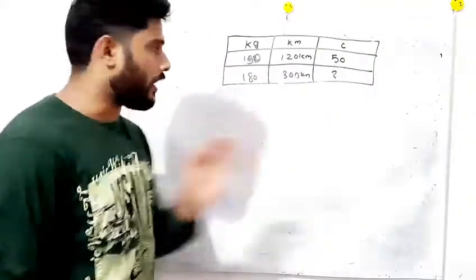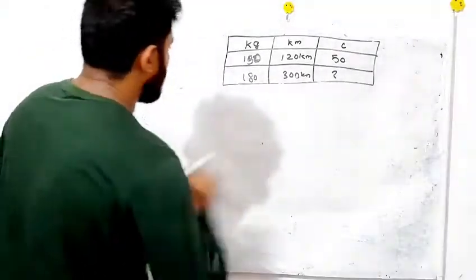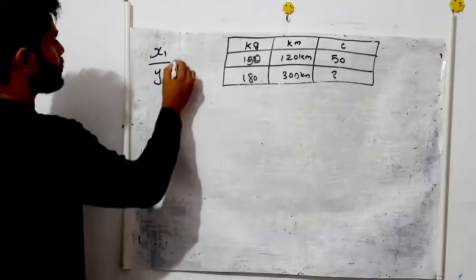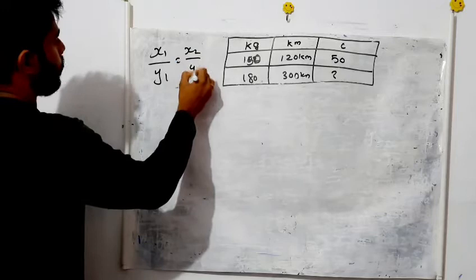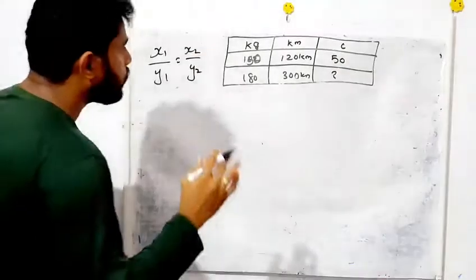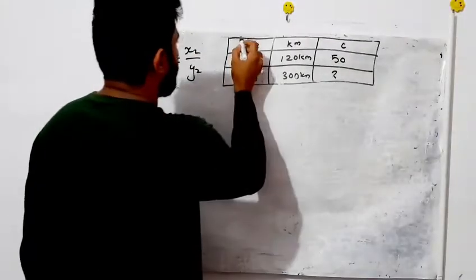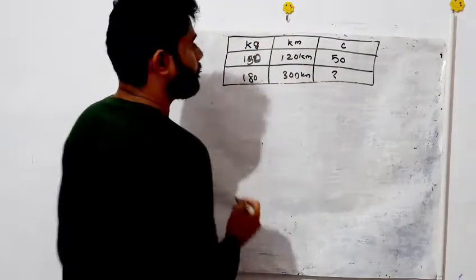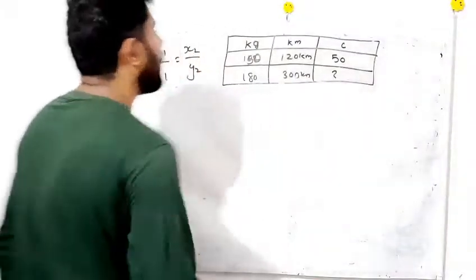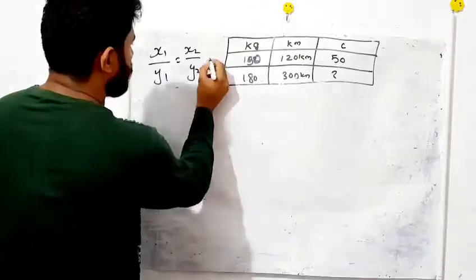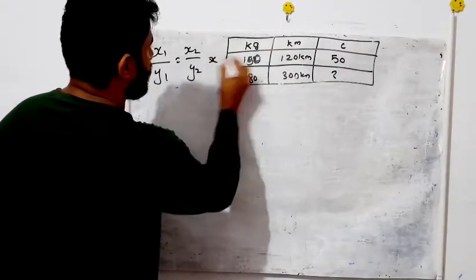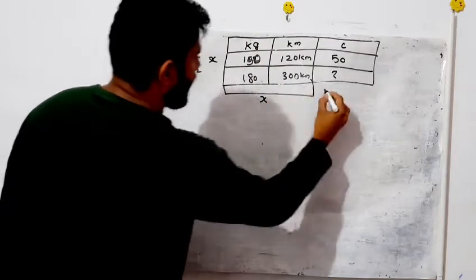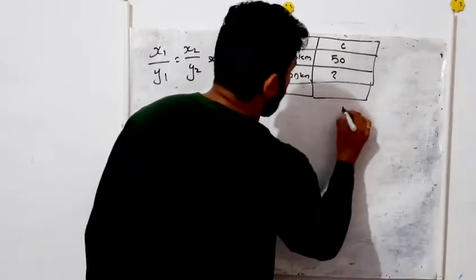This much clear? Now, in direct proportion, we already know the equation: x1 over y1 is equal to x2 over y2. So we have to take these 2 things, the kilometer and kilogram, as x, and this is y.